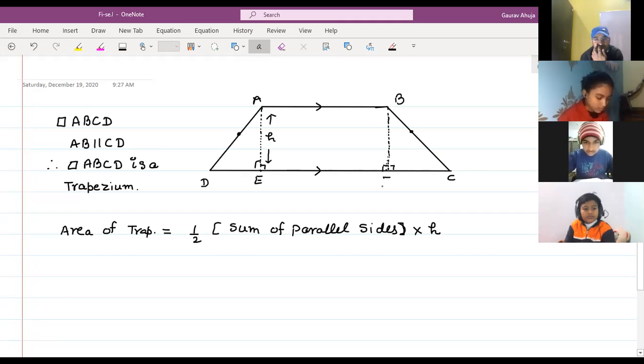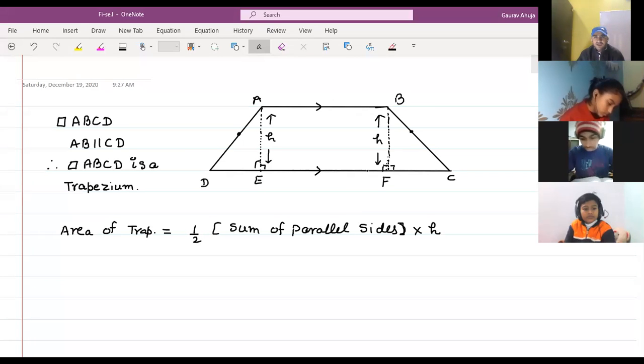So let's say F. If two lines are parallel, the perpendicular distance between these two lines will be the same all over. Am I right? So here the height is h. What is h? h is the perpendicular distance between these two parallel lines.